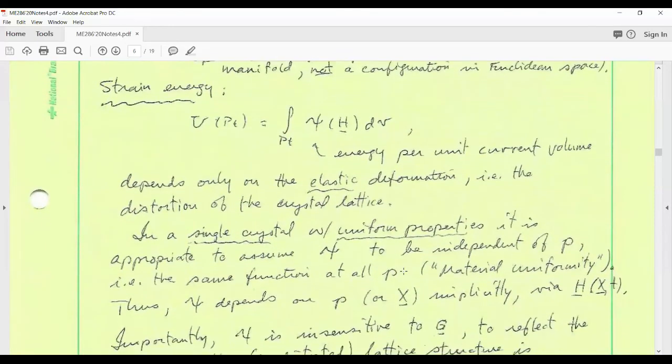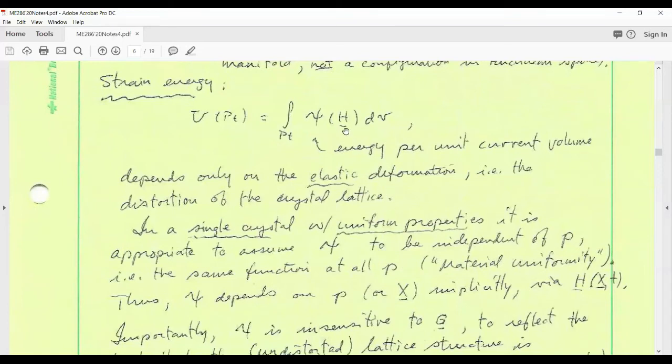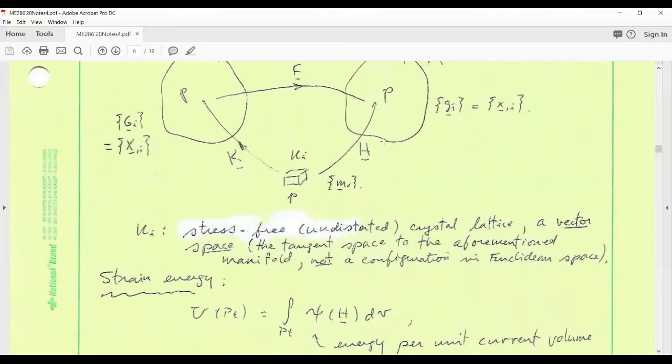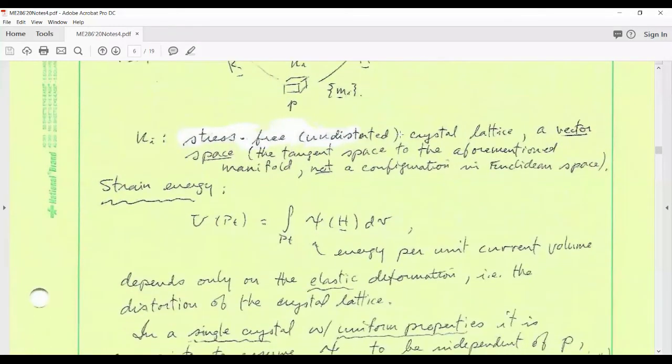So this elastic deformation would represent the distortion of the crystal lattice. For example, in the case of a cubic lattice, the distortion of the cube required to fit it together with its neighbors into our current configuration in Euclidean space.